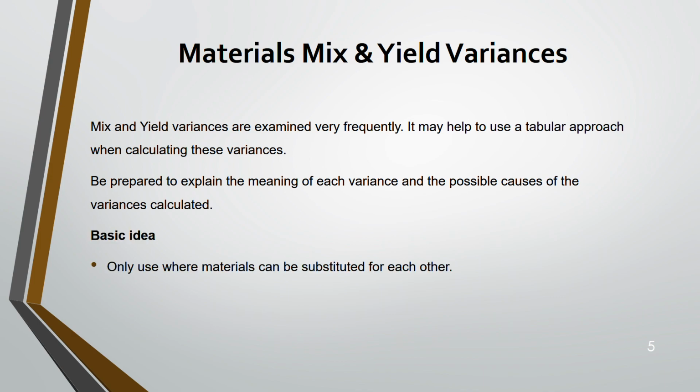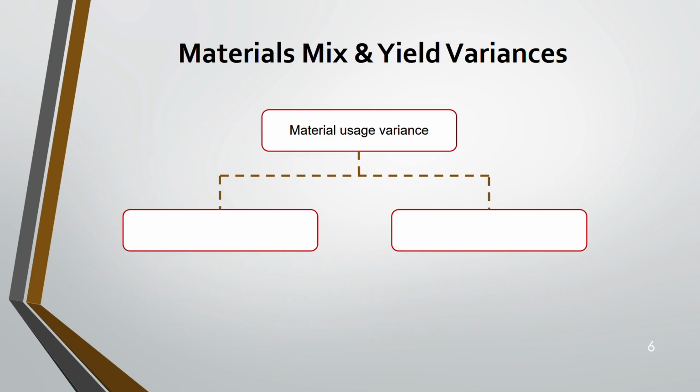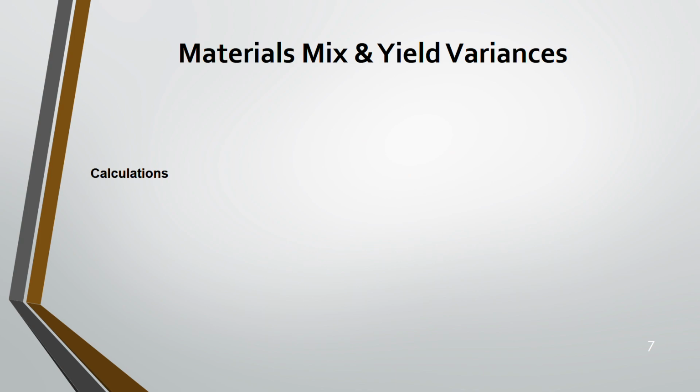Basic idea is only use where materials can be substituted for each other. Next, still do a separate price variance for each material. Mix and yield are used instead of separate usage variances. So material usage is divided into material mix and material yield. Now, how do you calculate?